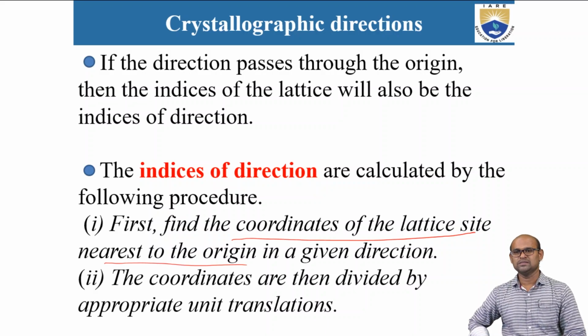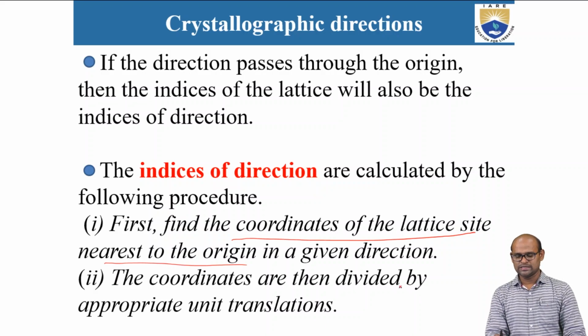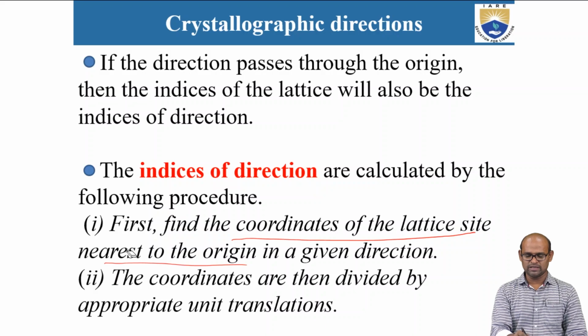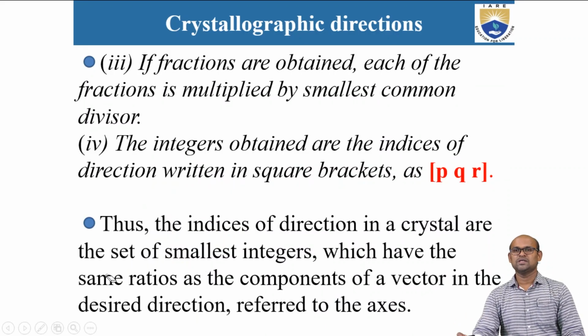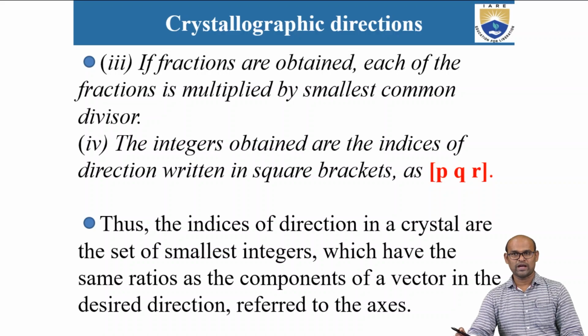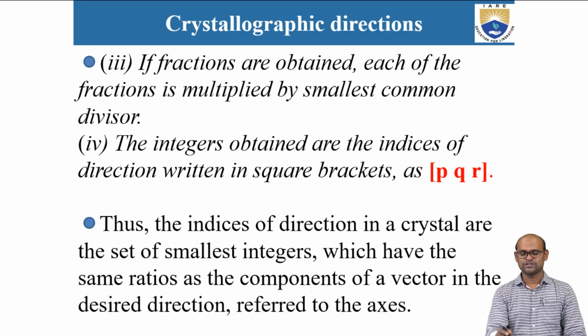The second step is that the coordinates are divided by appropriate unit translations. Whatever coordinates you have written, those coordinates are divided by the appropriate unit translations. The third step is, if fractions are obtained when you divide these coordinates by the unit translation, each fraction is multiplied by the smallest common divisor.